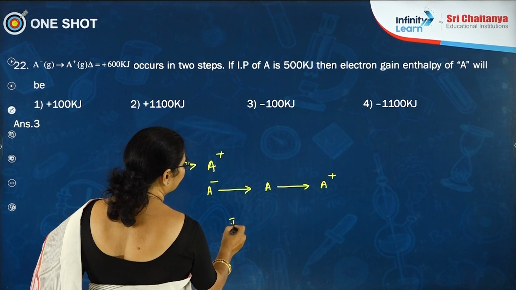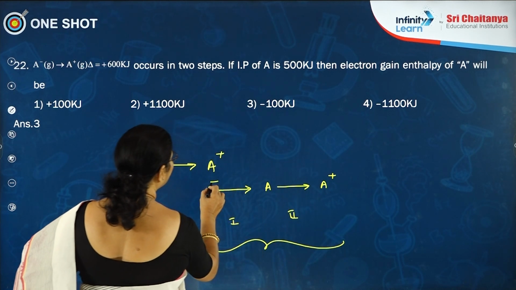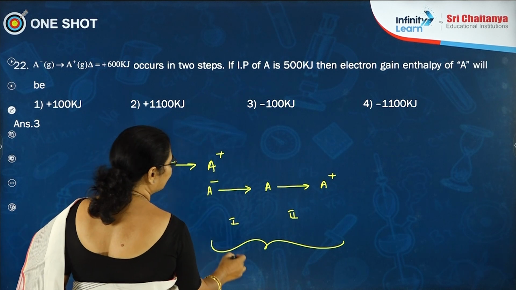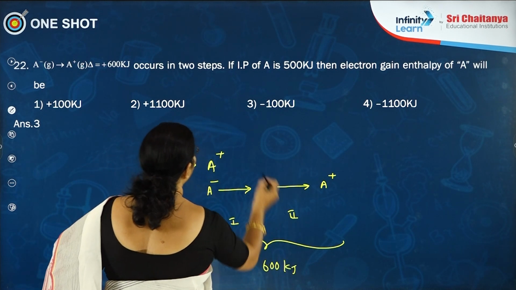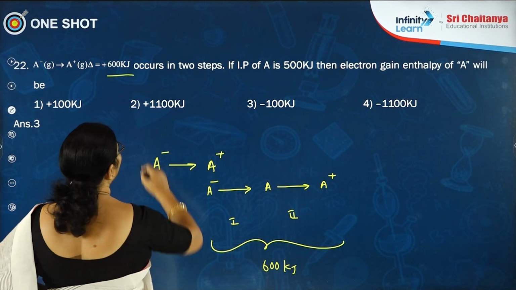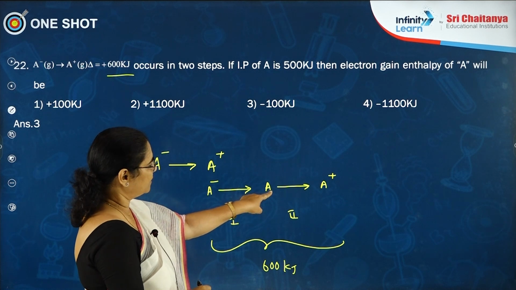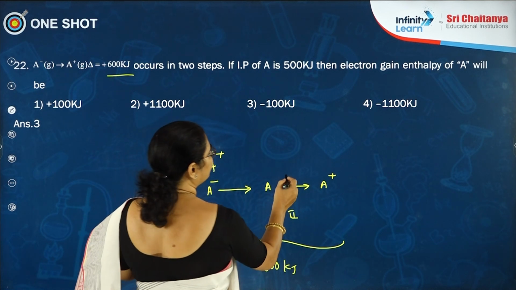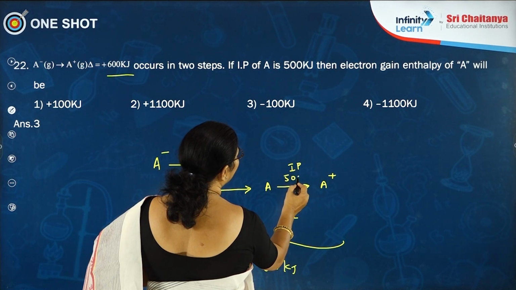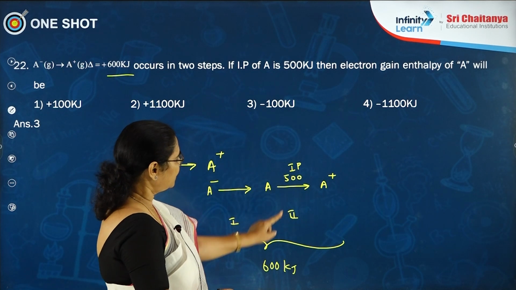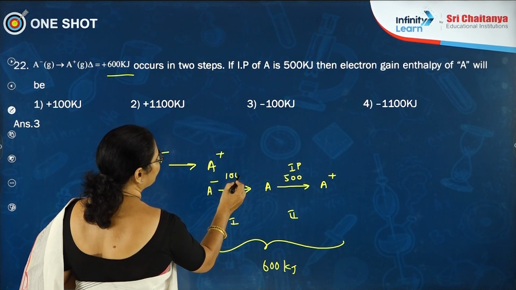This is step 1, this is step 2. Together, directly A minus to A plus is 600 kilojoules, as given in the question. IP of A means the second step, A becomes A plus, and its value is given as 500 kilojoules. Together is 600, only one step is 500, so this becomes 100.